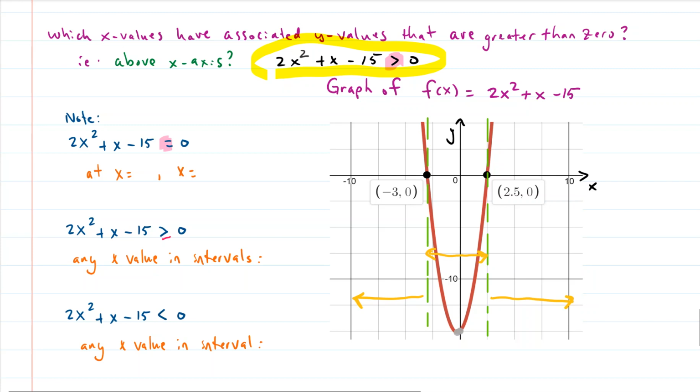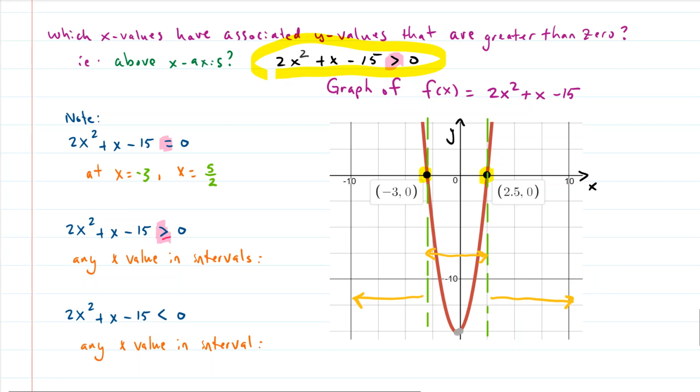Well, where is the function 2x squared plus x minus 15 equal to 0? Well, it's only equal to 0 at two spots, at these x-intercepts. So we would write it's equal to 0 only at -3 and at 5/2, or 2.5. That's it. Well, where is this function greater than or equal to 0? Where is it above the x-axis or equal to 0?